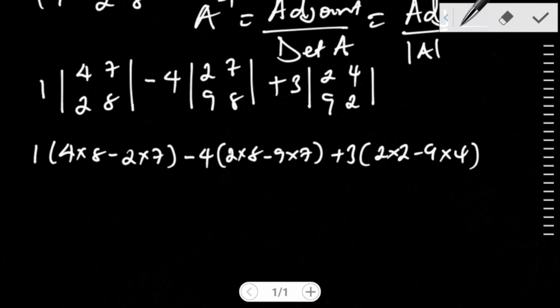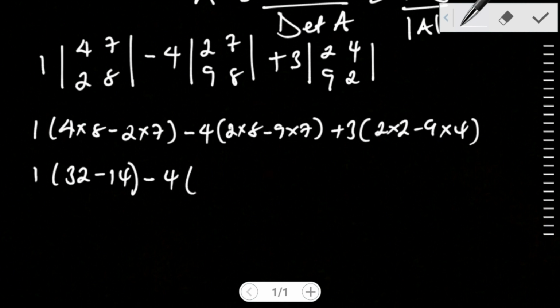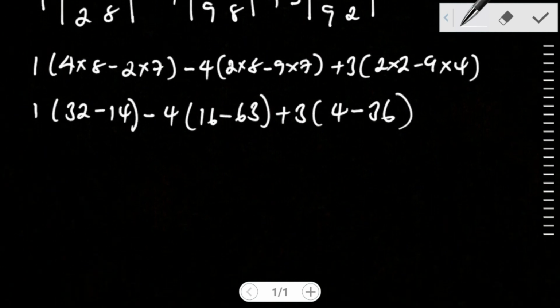Out of that, we are going to have 1 into 32 minus 14, minus 4 into 16 minus 9 times 7, which is 63, plus 3 into 4 minus 36. So 1 into 32 minus 14, we have 18.